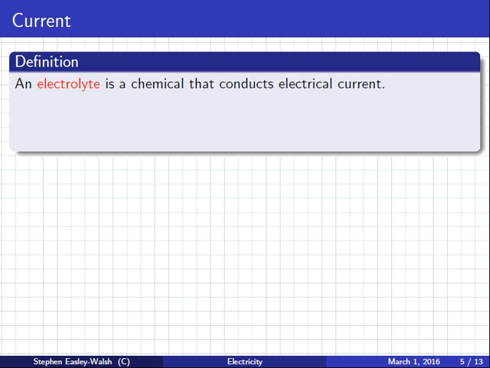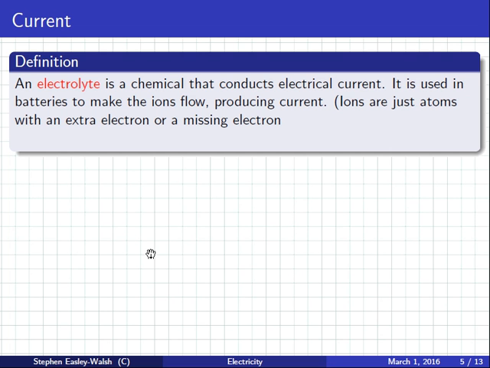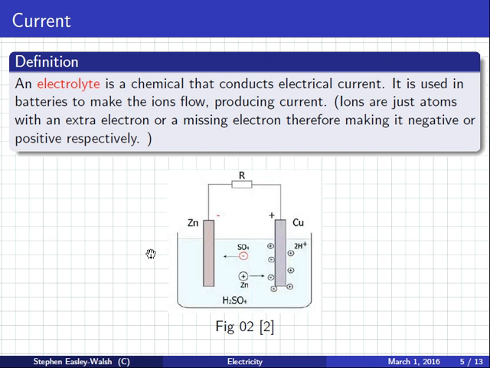The positive ions are missing an electron, and the negative ions have an extra electron. An electrolyte is a chemical liquid, and it's used in batteries to produce a current. It's just a flow of ions. Here's an example, though you don't have to draw this picture. An electrolyte is a chemical that conducts electrical current.